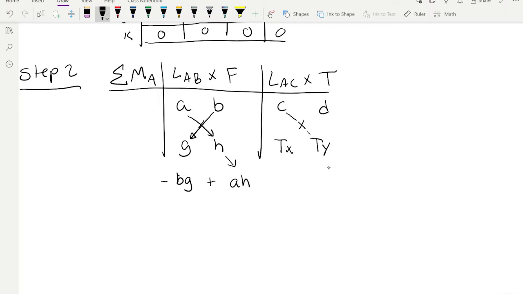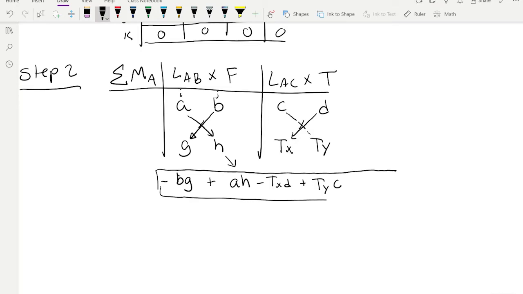C cross TY gives TYC. D cross TX is TX D, and that's negative. The reason why is because this is I, J: I cross J is positive K, J cross I is negative K, so we get a negative out in front. Okay, so we got another equation.